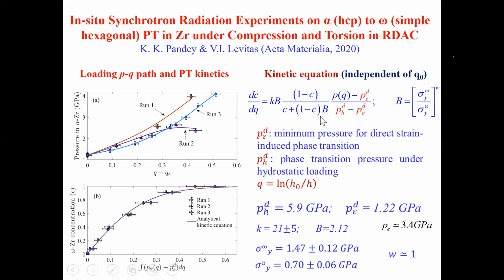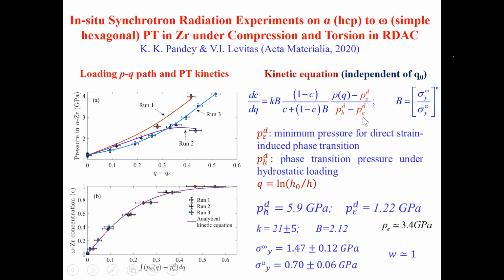So this kinetic equation contains this phase transition pressure under hydrostatic conditions. It's determined from a separate experiment. And this is the minimum pressure for plastic strain-induced phase transition. By the way, we did not obtain reverse strain-induced phase transition. That is why we have only one term.